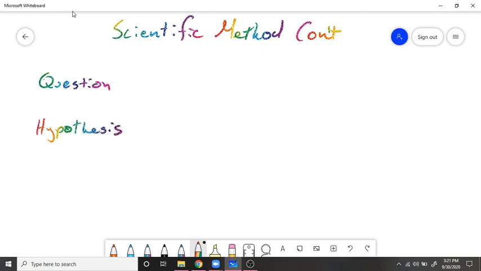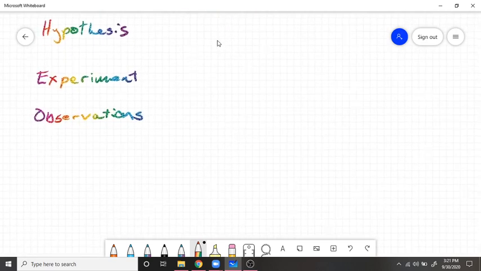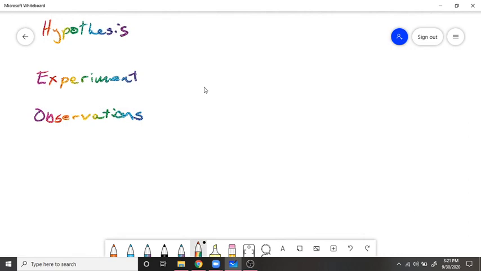that you make an experiment to test your hypothesis, that you make observations, you are going to analyze your data that you generate and draw a conclusion.